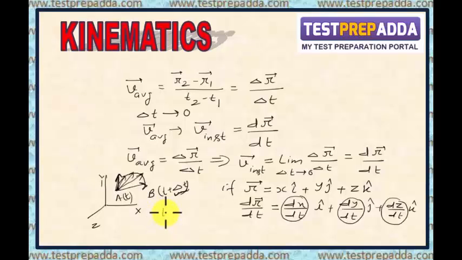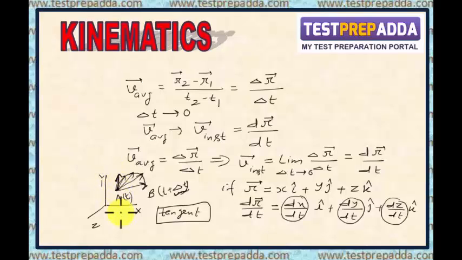Got the idea? So the direction of instantaneous velocity vector is actually the direction of the average velocity vector.